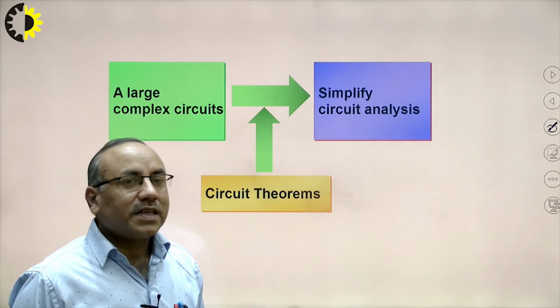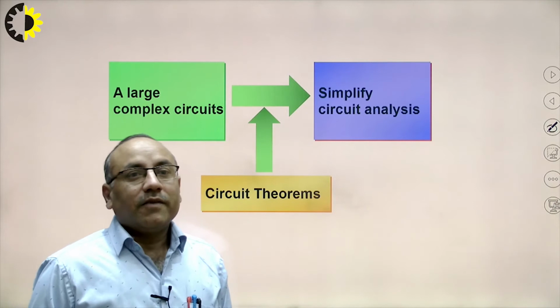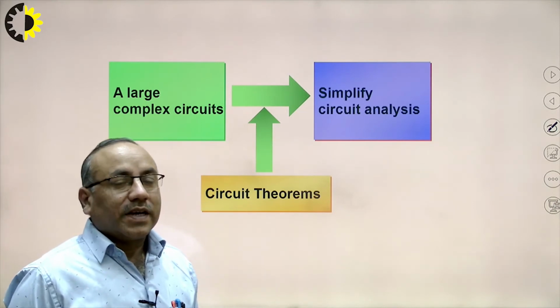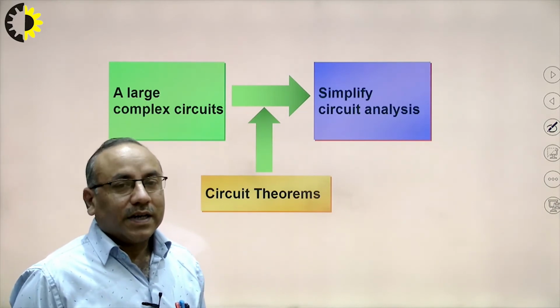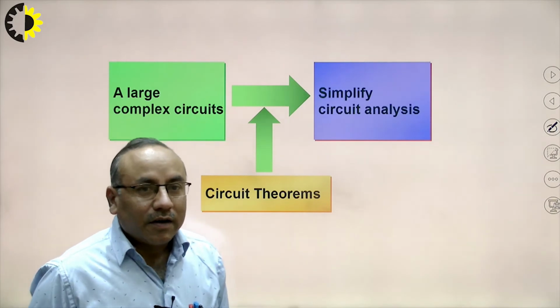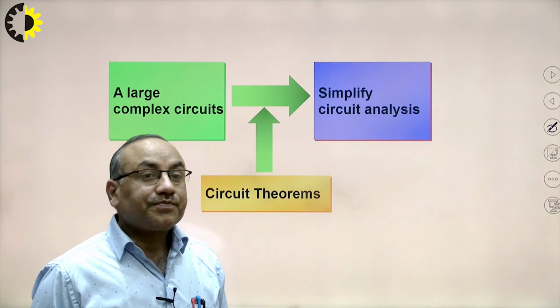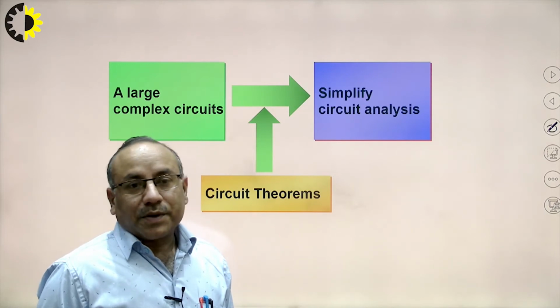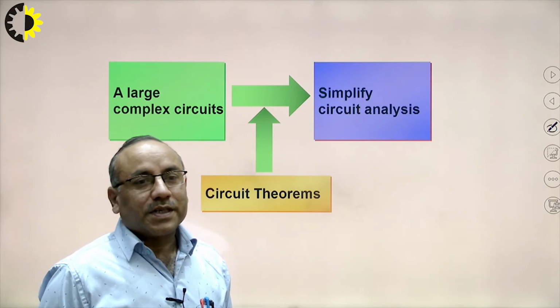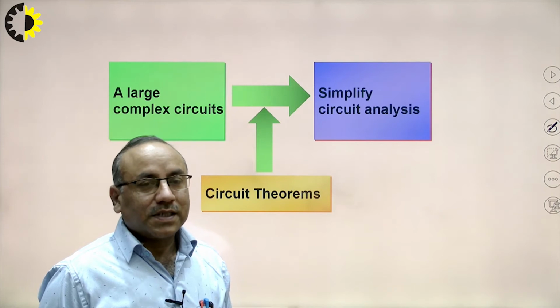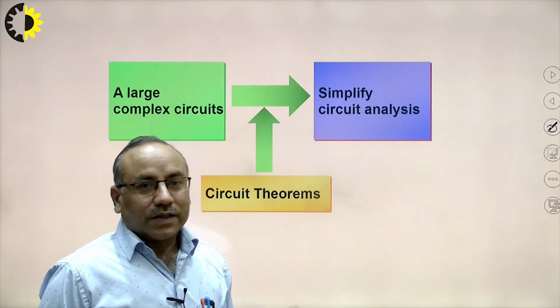There are various theorems by the help of which we can analyze or simplify the circuit in order to find the current or voltage across any branch of the circuit. In this topic today, we will discuss the superposition theorem and how to apply it in the circuit. First we should see what the superposition theorem is.